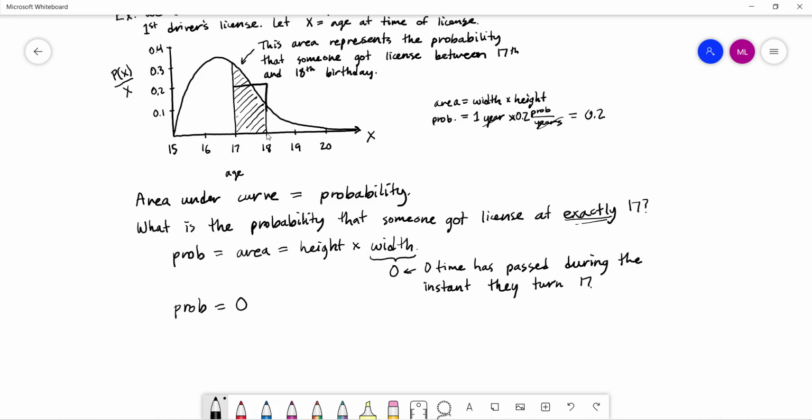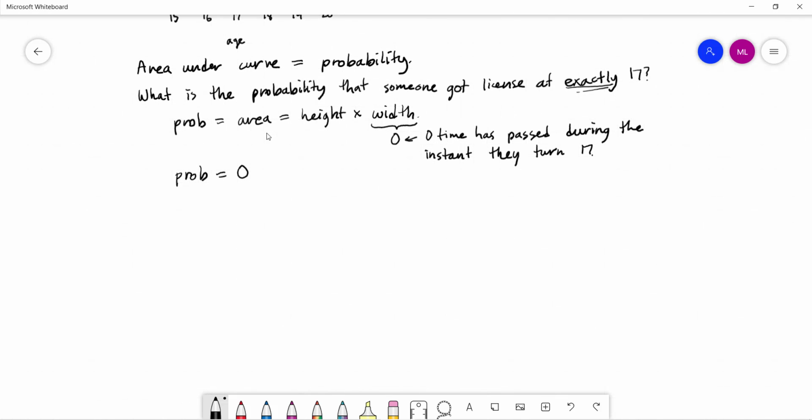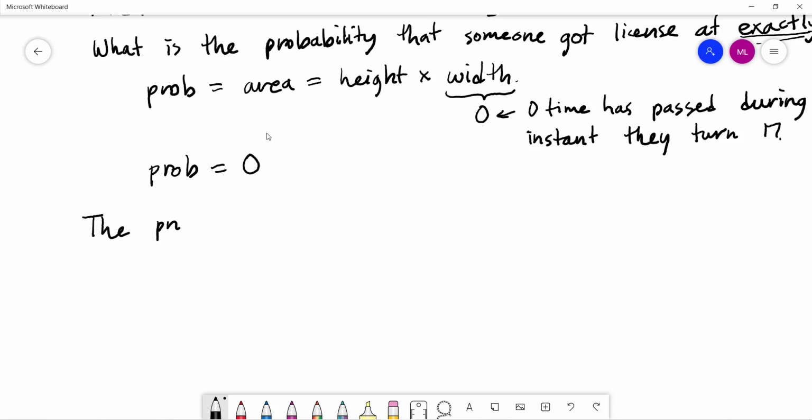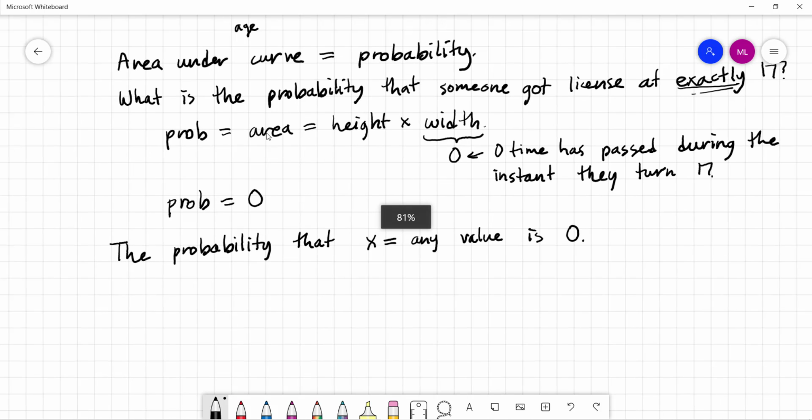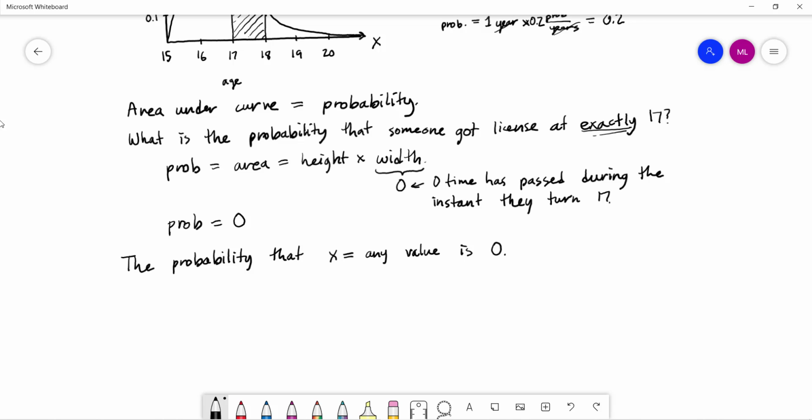When you shrink it down to a single instant, the probability that x is exactly equal to some value is 0. It only makes sense when we talk about one of these probability density functions to talk about an interval of time, not an instant. A single instant doesn't make sense.